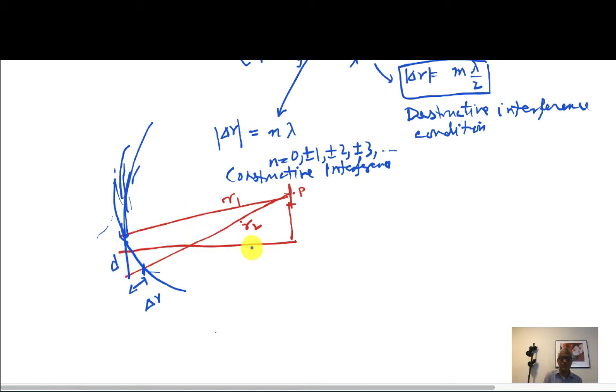All right, so if I know this distance as d, and if this is very far, r1 and r2 much greater than d, then you can draw a tangent to this circle here.